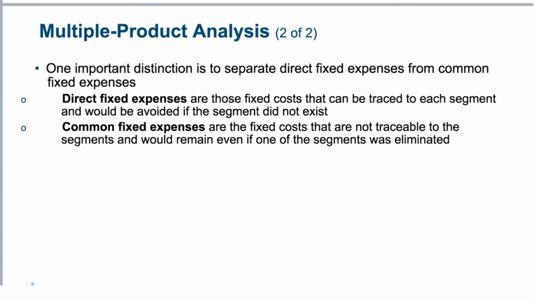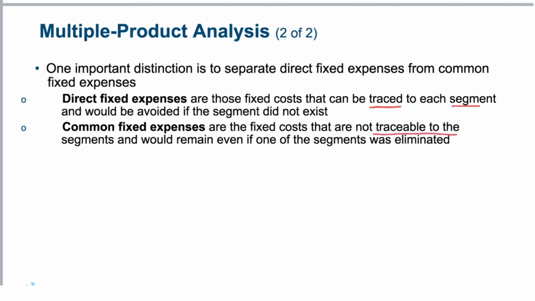So the first thing that we need to do is to get it clear in our head which are the fixed expenses or fixed costs that are traceable to each product segment that we are looking at, right? To each segment or product that we're looking at. So if you have a factory that is only used for producing one of your multiple products, then that would be a direct fixed expense, whereas common fixed expenses are not traceable.